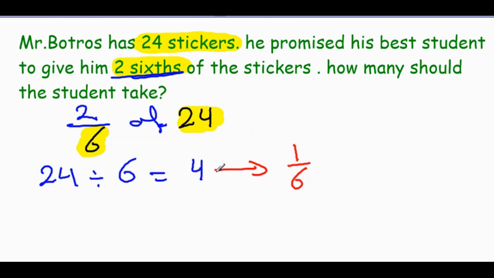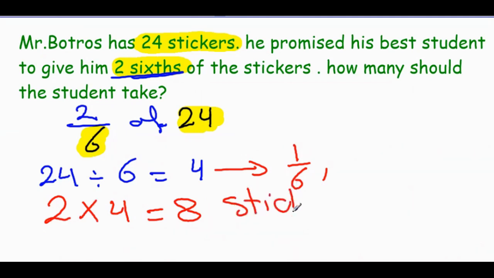So 4 stickers is the value of 1/6 of the whole stickers. So he will take 2 times 4, 2 times the value of 1/6, because he will give 2/6. 2 times 4 equals 8. So the student will take 8 stickers.